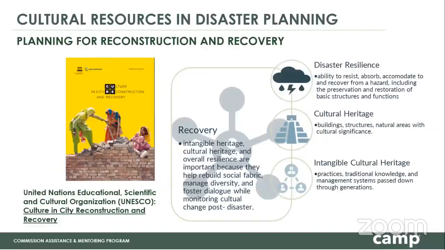So there's a lot of ways to make sure intangible heritage and your cultural heritage and your overall resilience is covered when you are building back, because it's so important for the people component, the social fabric, managing the diversity and fostering dialogue while you're still monitoring this cultural change post-disaster, again, involving people in your communities.